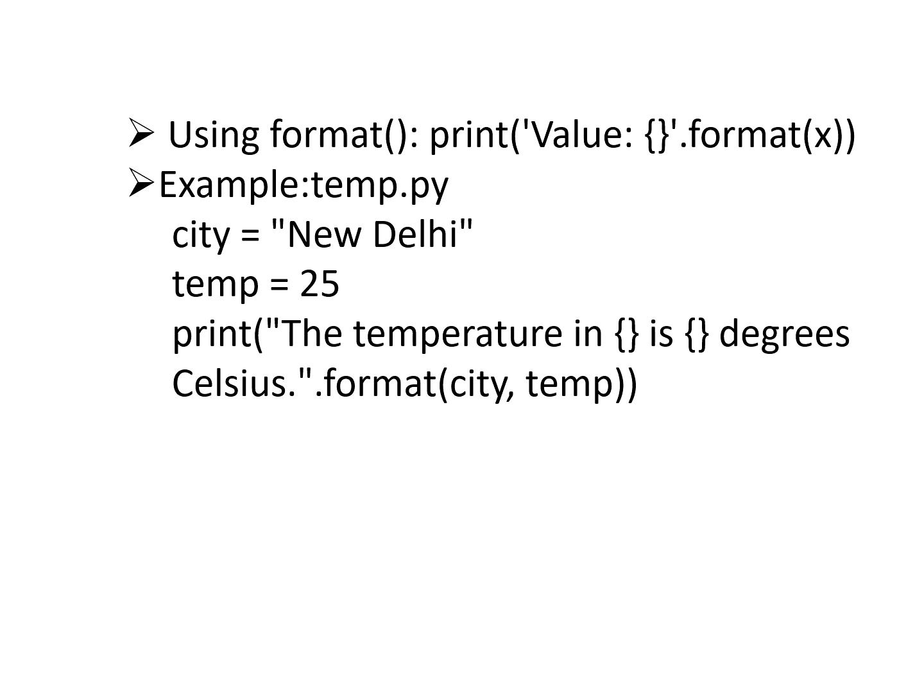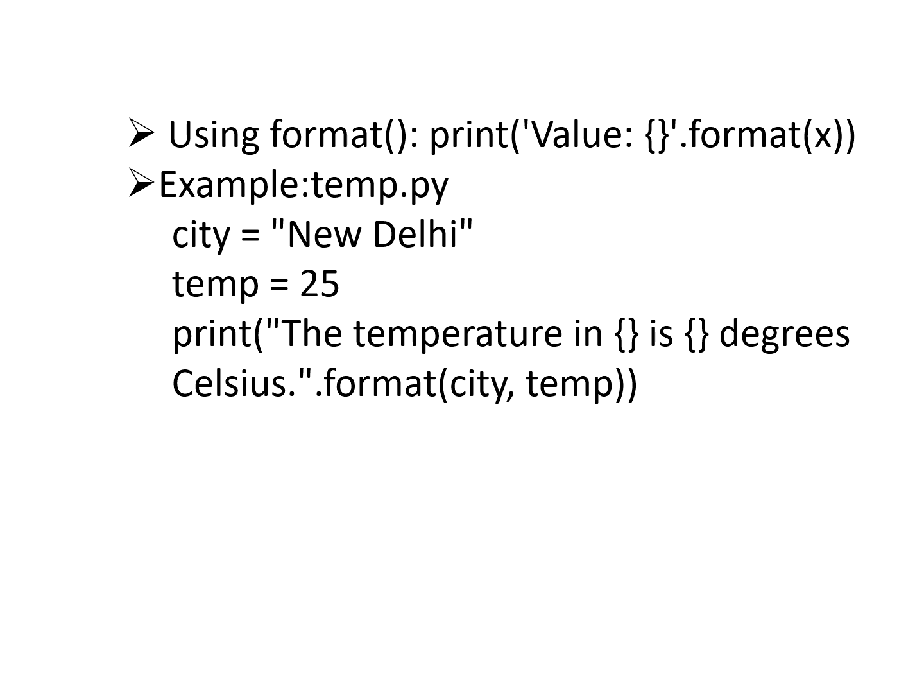Next, along with the f-string, you can also use the format method or function, which can be used for more than one variable to be displayed. For example, city equals New Delhi and temperature equals 25. When printing, the temperature is in curly braces, then 'is' again in curly braces, and then degrees Celsius. I have given two curly braces because I have two variables, city and temperature. The first curly brace is for city and the second is for temperature.